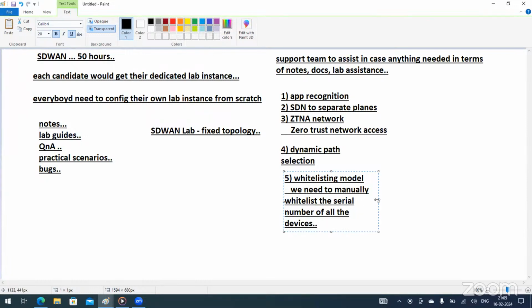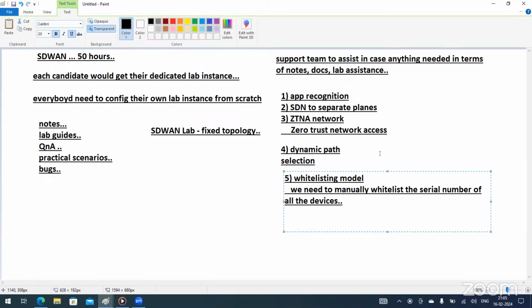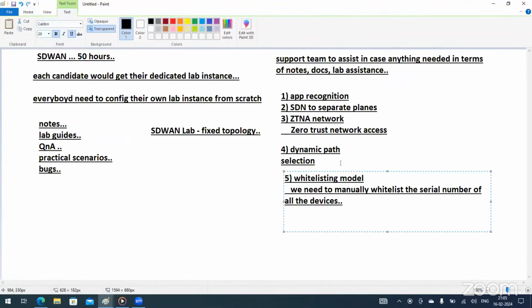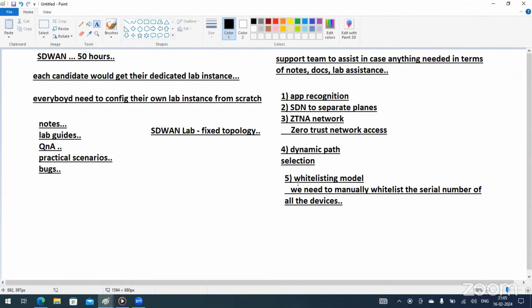If the serial number is not whitelisted, then that device cannot take part in the SD-WAN. Again, in this scenario, R3, if the serial number of R3 is not whitelisted, then R3 won't be able to form this IPsec tunnel with R1 or R2. This is the additional layer of security that we have with the SD-WAN whitelisting model.